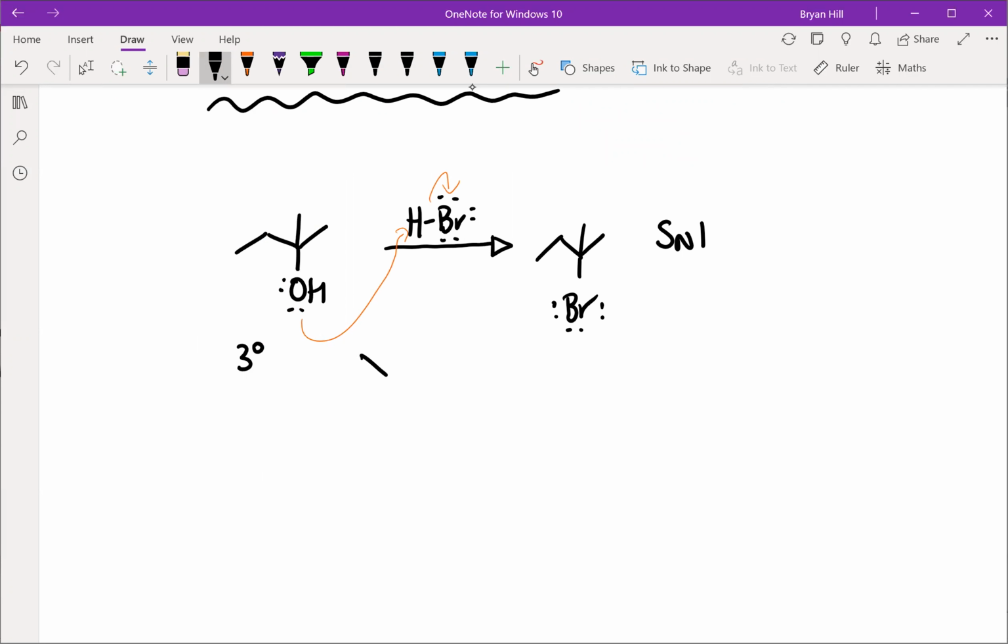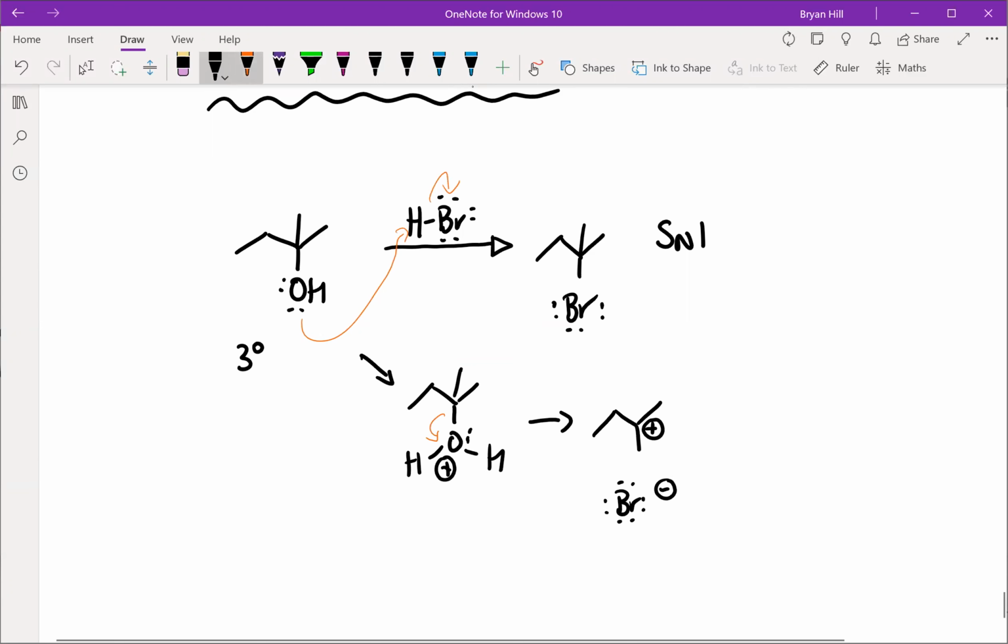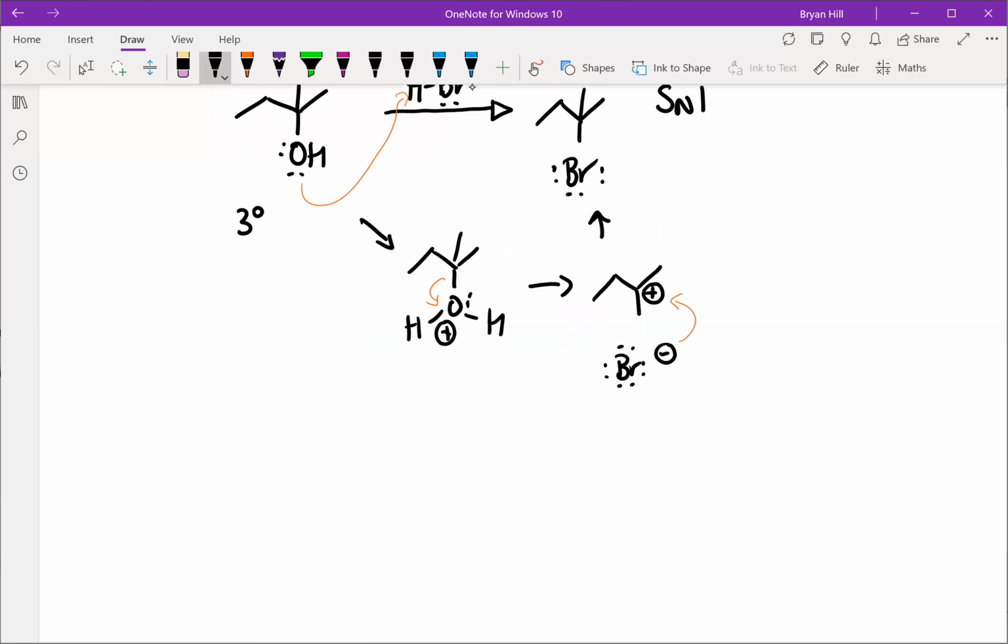We need our bromide, Br minus. So we could do something like this for a tertiary alcohol. If we did something for a primary alcohol, the mechanism would have to be slightly different.